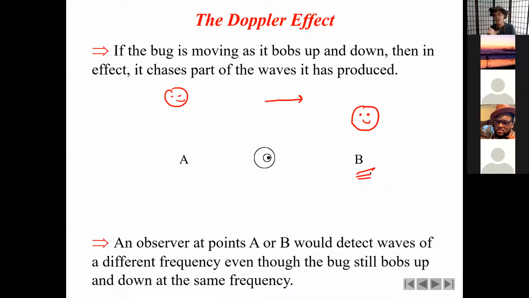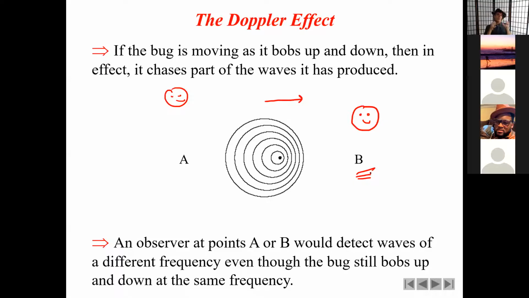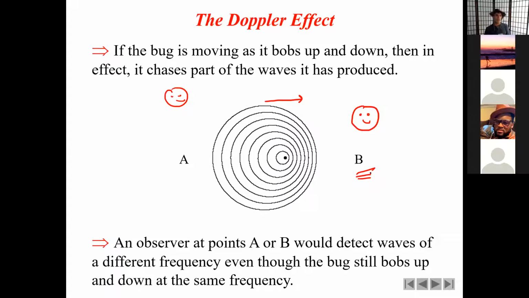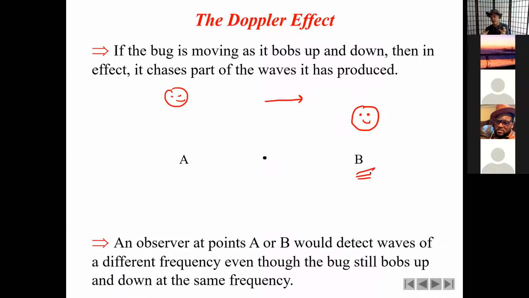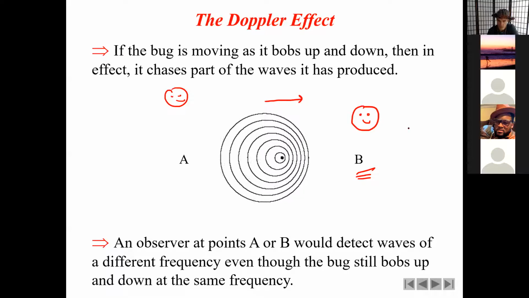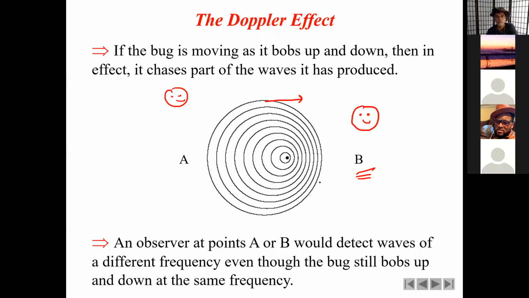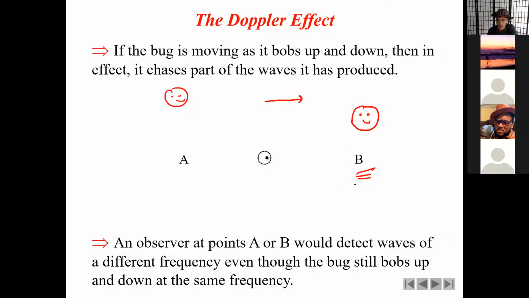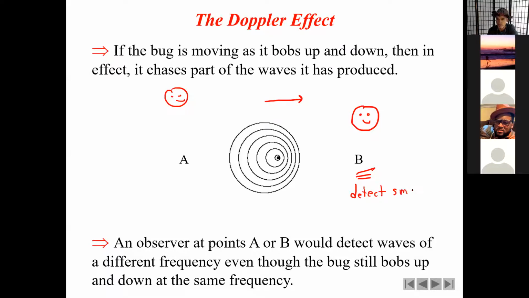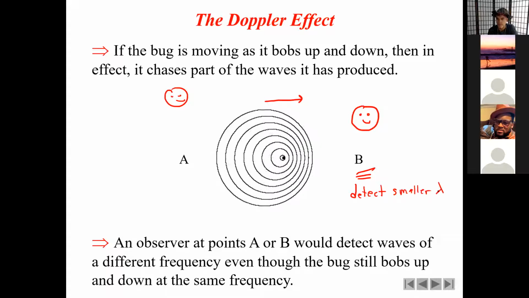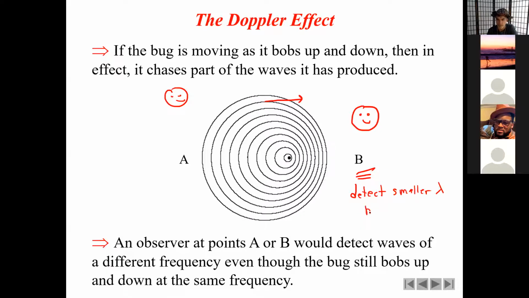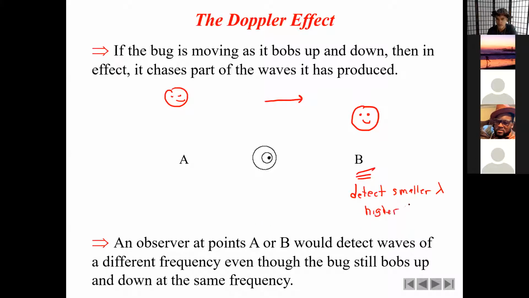But when the bug is moving, or let's just be specific, any source of waves, when that source of waves is moving, you're going to detect a different frequency than it emits if it's moving towards you or moving away from you. So observer B, where the source of the waves is moving towards them, is going to detect a smaller wavelength, but a higher frequency.